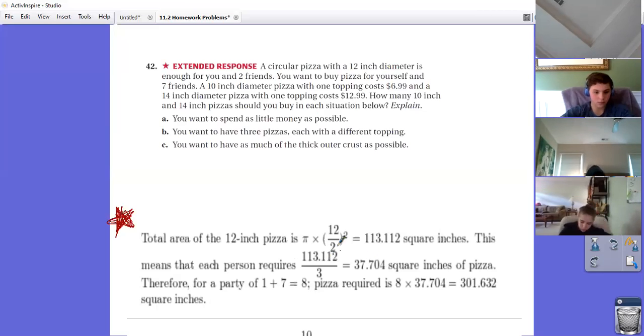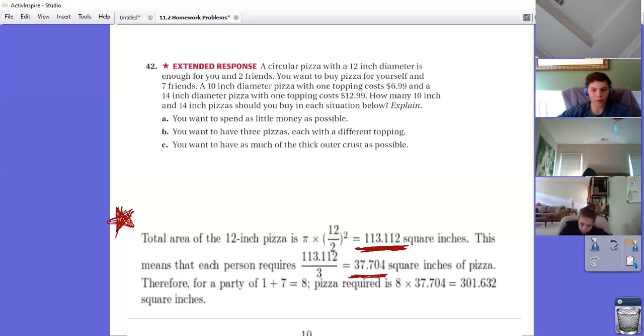Obviously the radius is 6, 12 divided by 2. So the total area of a 12-inch pizza is 113 point something square inches. If that's enough for 3 people, I divide it by 3, and each person eats this much pizza: approximately 37.7 square inches is what each person needs.